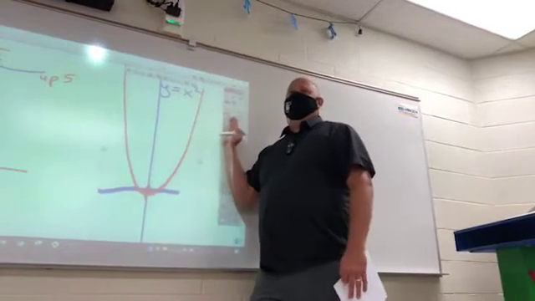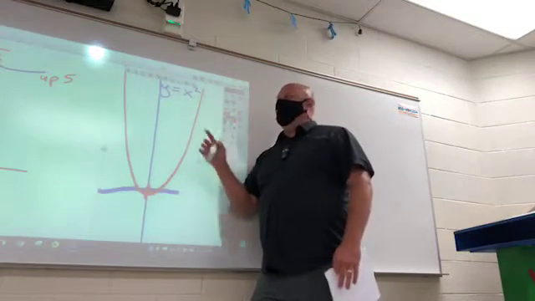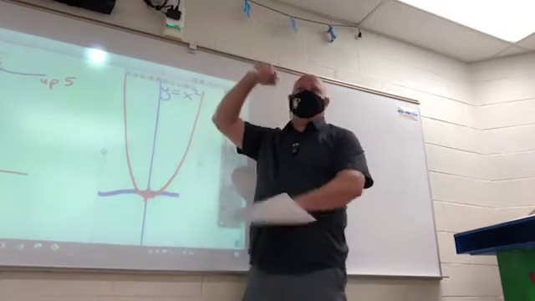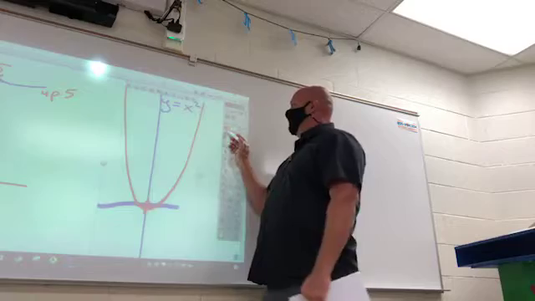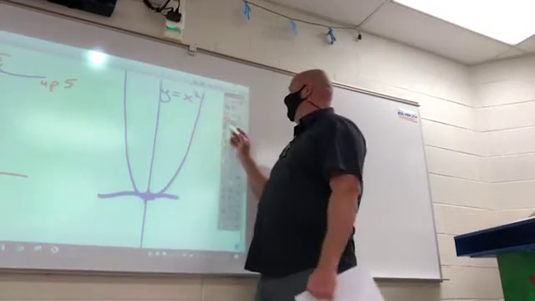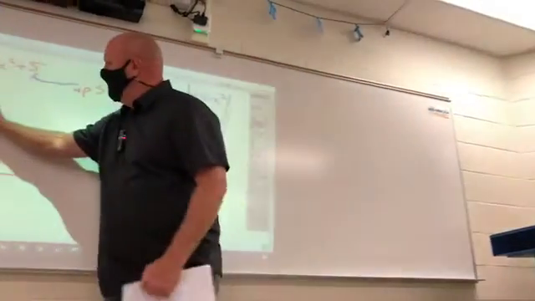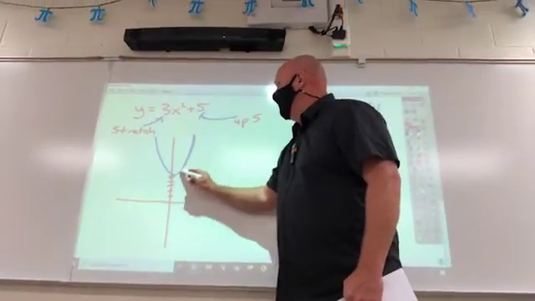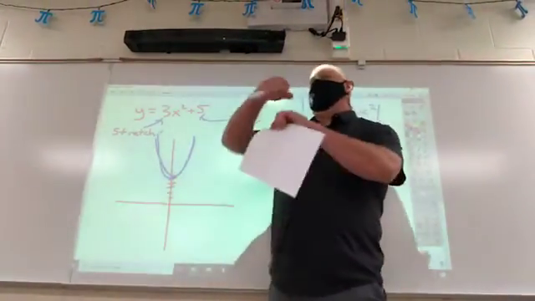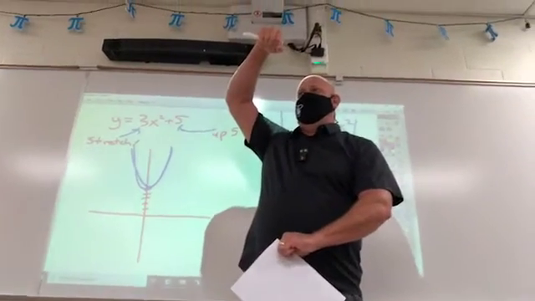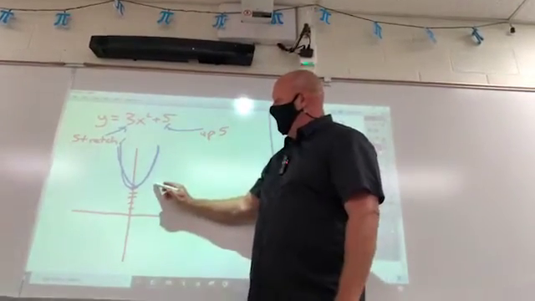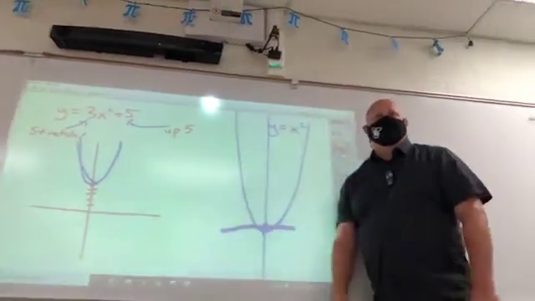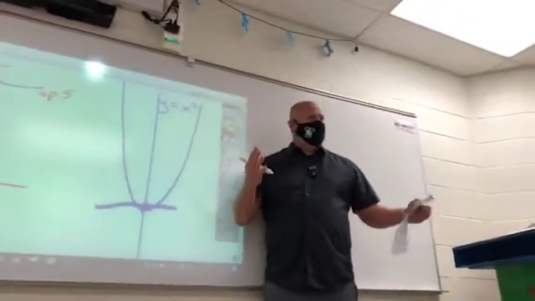A lot of people think it's only affecting the slope. In reality, it's stretching it by a factor of 3. So what it ends up doing is making a skinnier parabola than before, but that's because it got stretched. The point that was here is now up here. That's all that happened. Make sense? Do you kind of remember doing this last year?